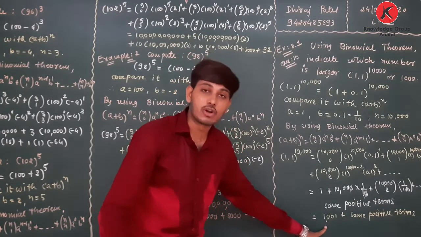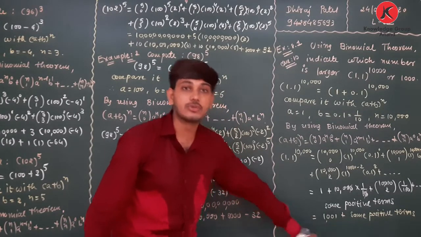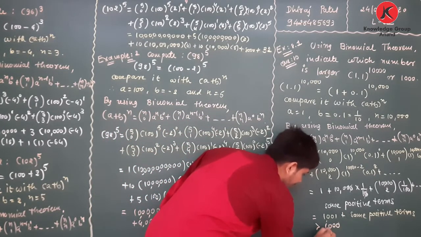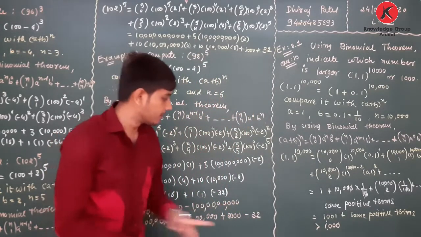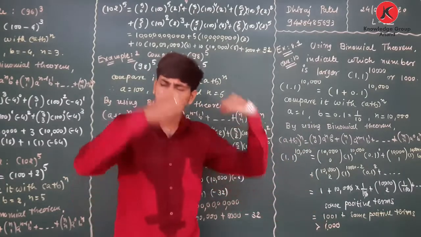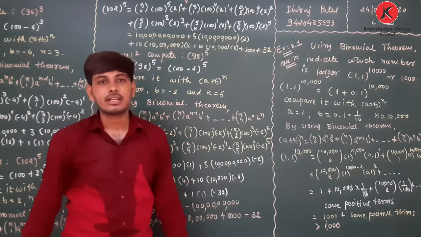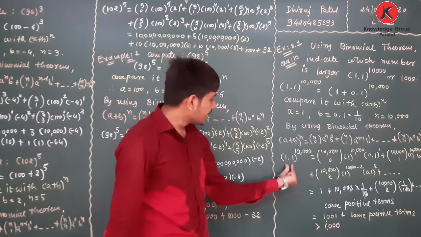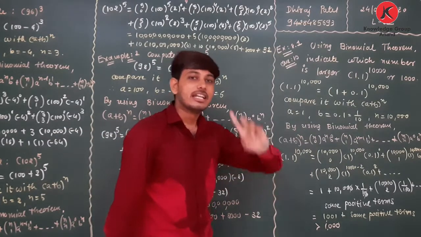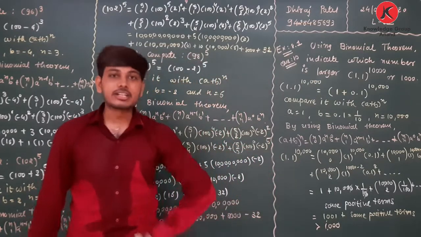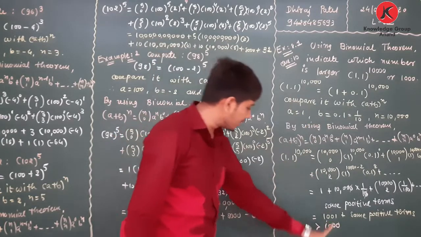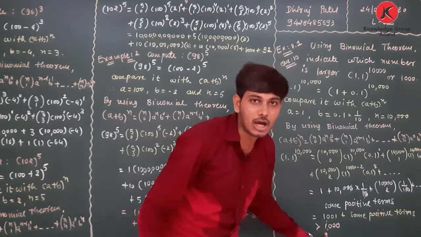That means this number is always greater than 1000. ये नंबर 1000 से तो ज्यादा ही हो गया यार. Therefore हम कह सकते हैं कि 1.1 raised to 10,000 is greater than 1000.